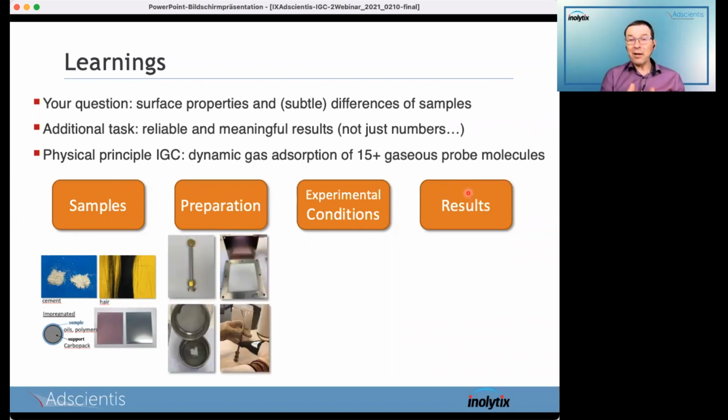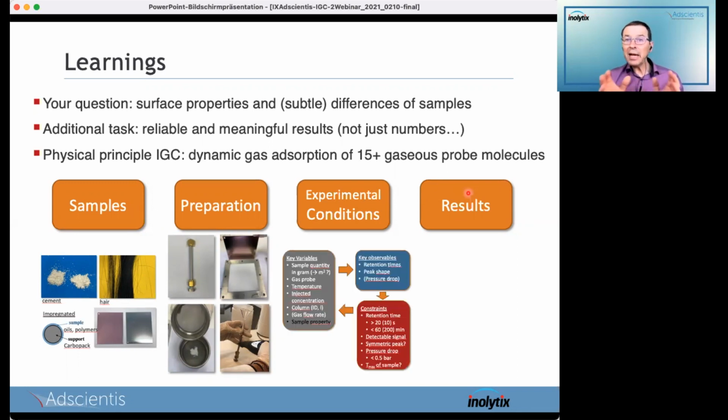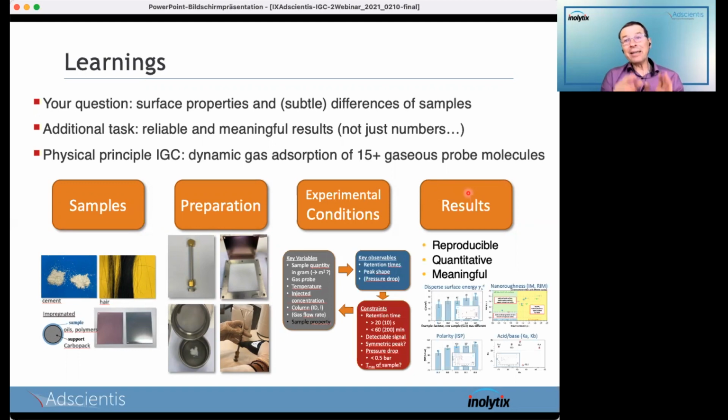You should take care of very good reproducible sample preparation. There's a lot which can be done, and that adds to the tips and tricks. We gave you some indication how you find your good experimental conditions, your sweet spot, and finally an outlook of the results and the interpretation, and this is something for later on.